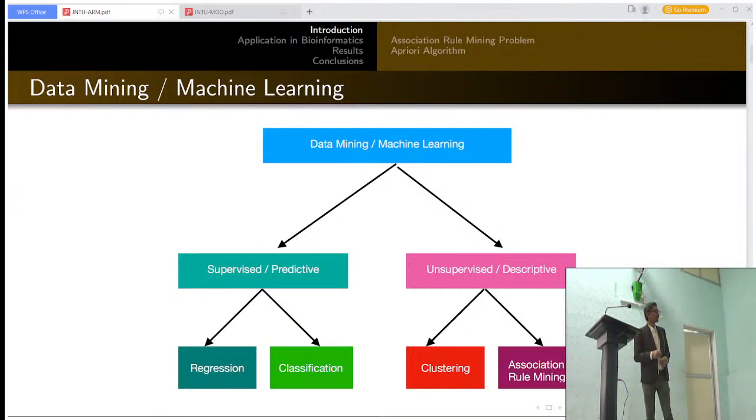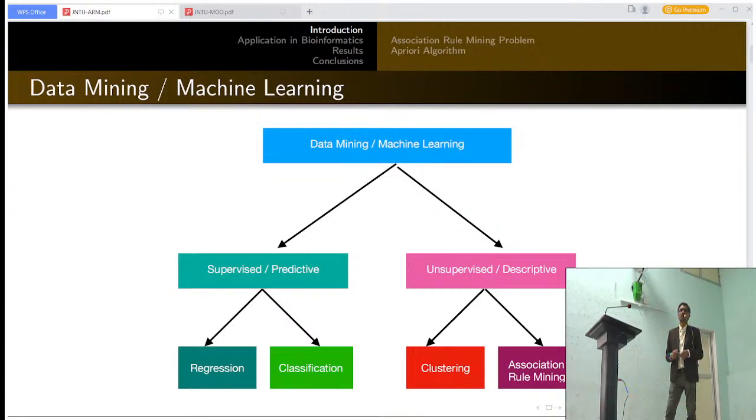And the problem that we are going to discuss is called association rule mining. Here our goal is to extract the knowledge of association among the columns or among the attributes of our data sets.